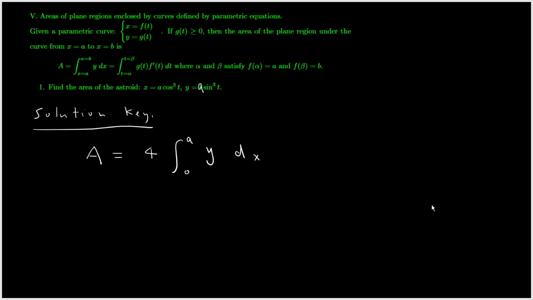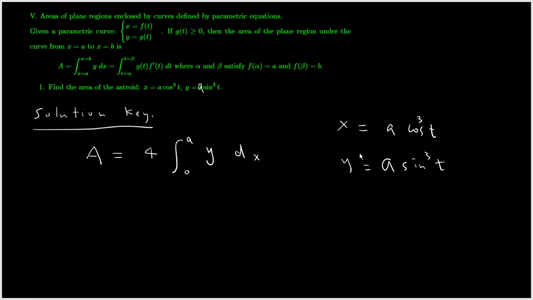And then the idea is to convert everything to t. It's kind of a substitution, okay? We convert everything to t. You see, in this particular case, x is a function of t as a cos of t, the whole thing cubed, and y is a function of t as a times sine of t, the whole thing cubed, okay?